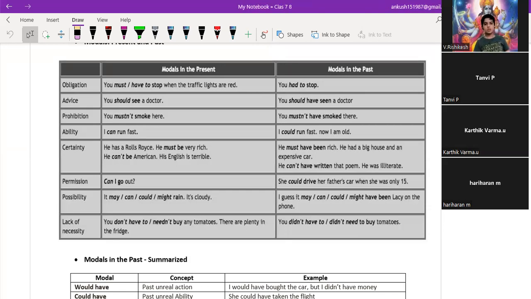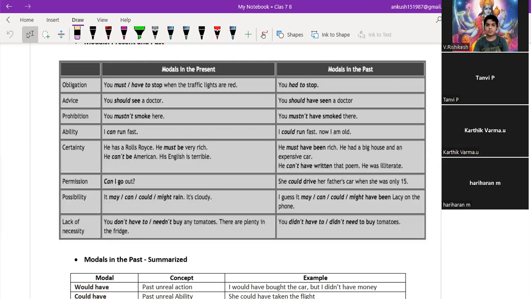It is the company, the manufacturer. Sir, it's also very costly, sir. Yes, sir. Only a rich person can afford it. Okay. He must be very rich. He can't be American. His English is terrible.